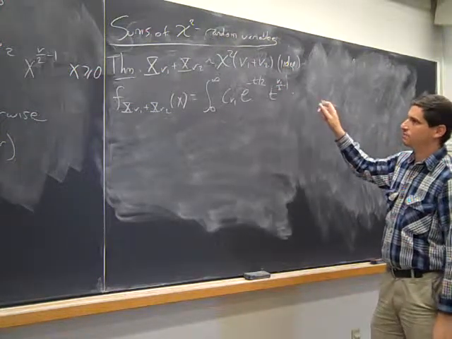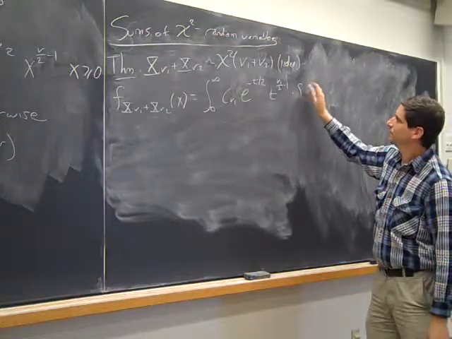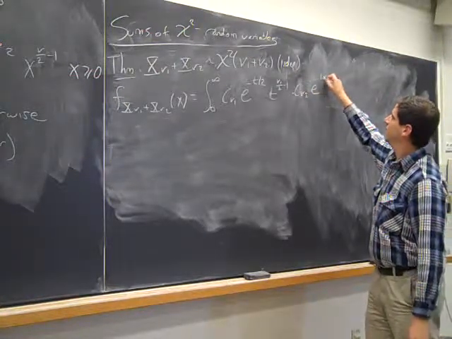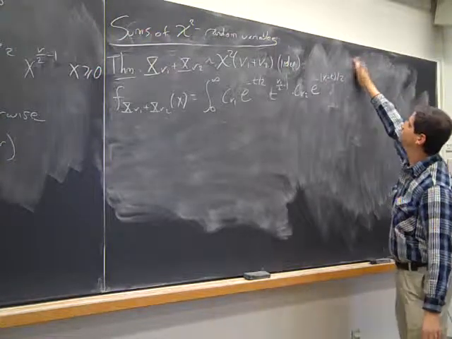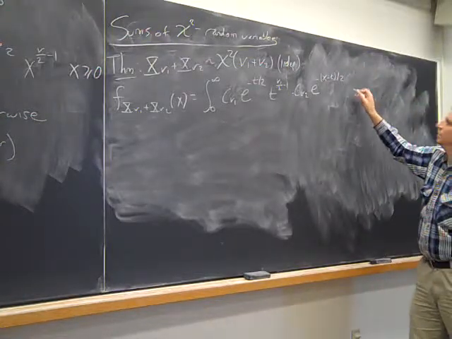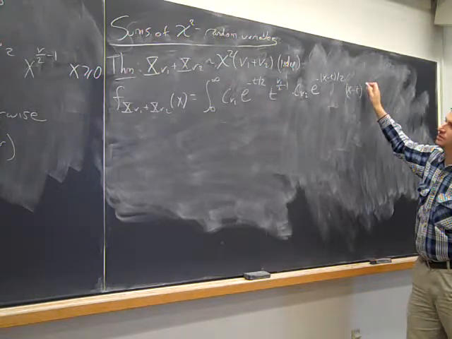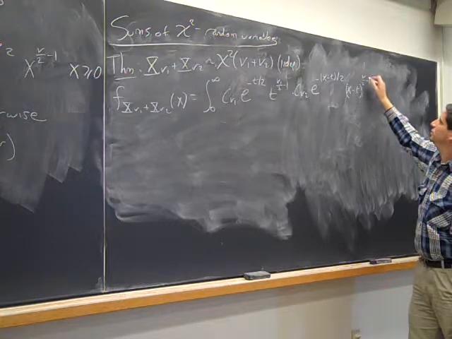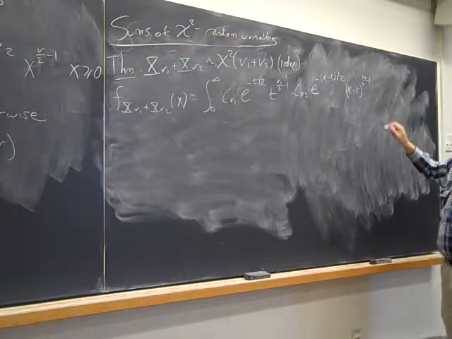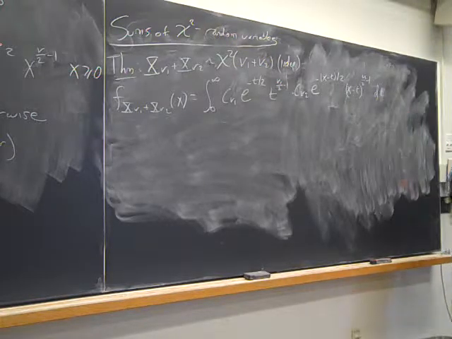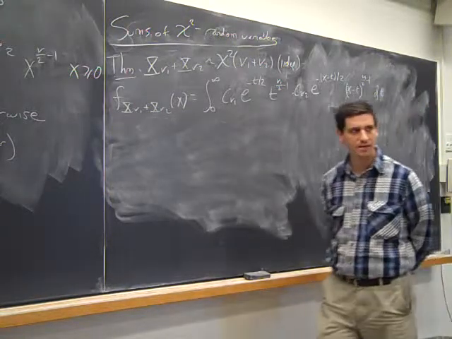Times c nu2, e to the negative (x minus t) over 2, and then we get (x minus t) to the nu2 halves minus 1, dt.